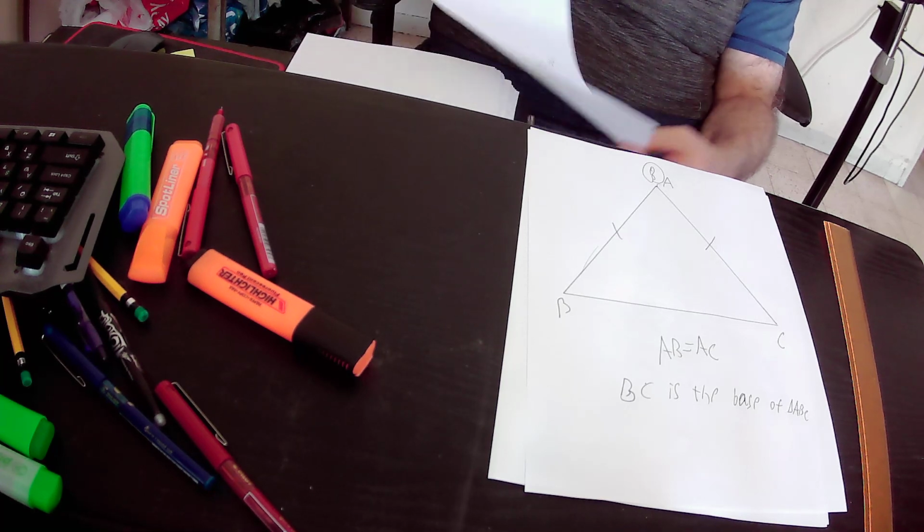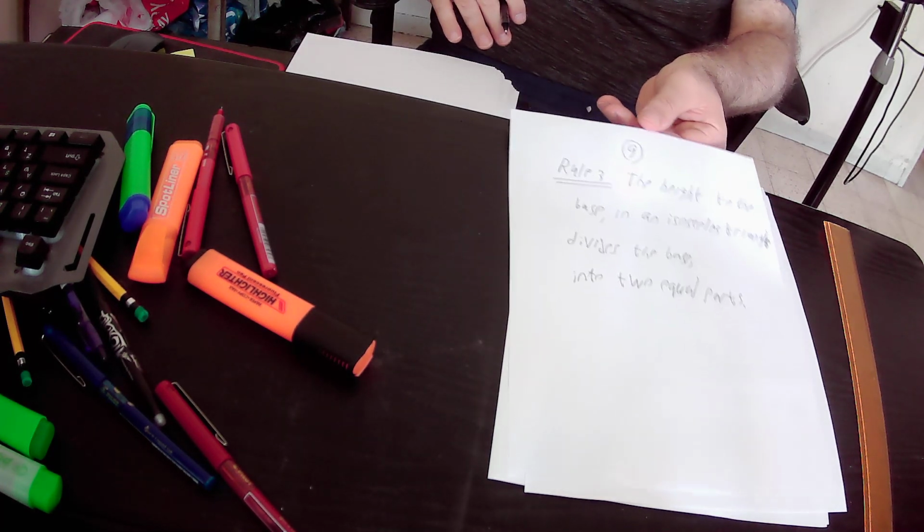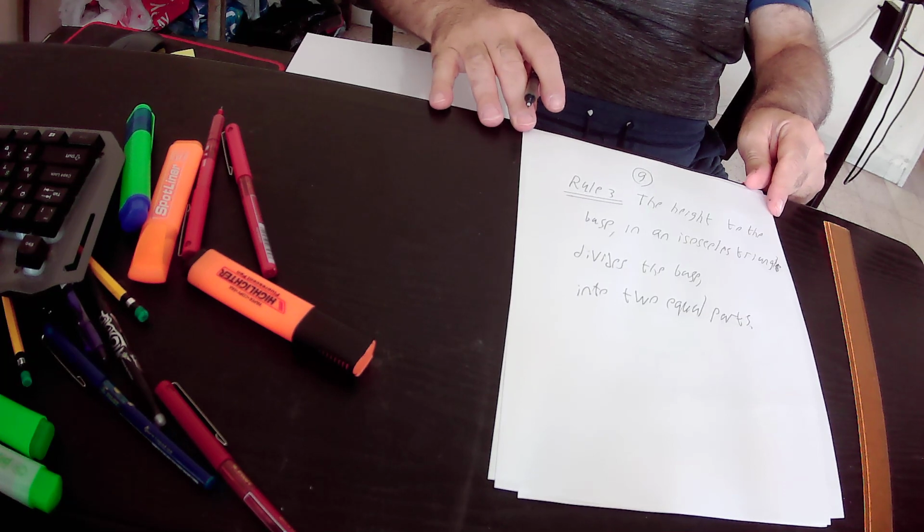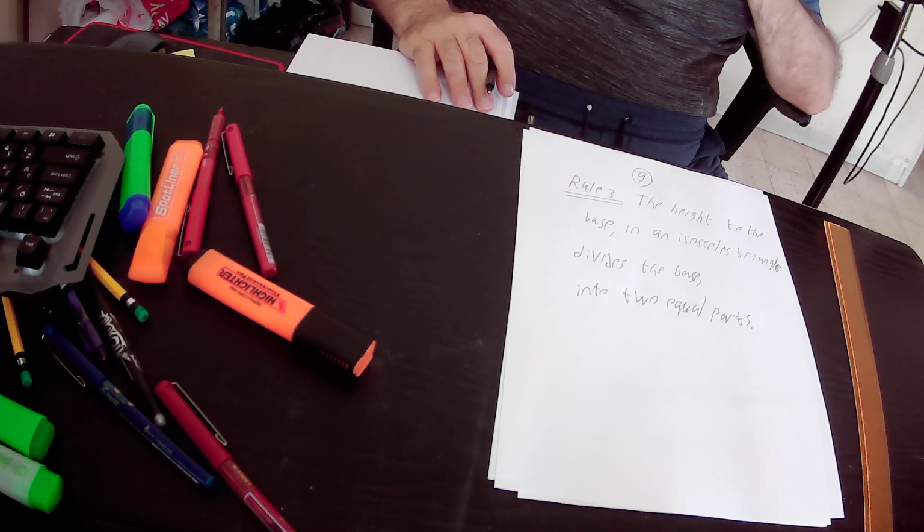I will read rule number 3 again: the height to the base in an isosceles triangle divides the base into two equal parts.